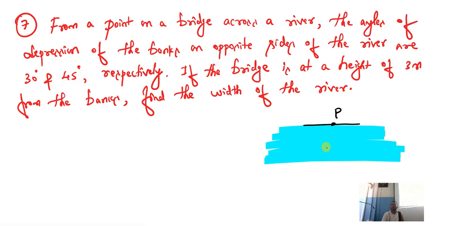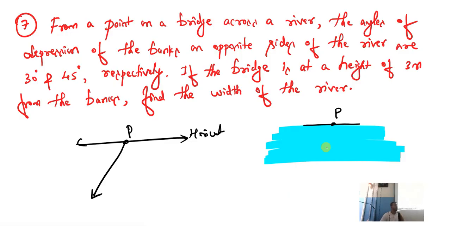From a point on a bridge across a river, the angle of depression. What is happening? Now this is a point, which means this complete line is horizontal. Shall we take this line as horizontal? Now angle of depression is what? The angle is coming down from point P. From a point on a bridge across a river, the angle of depression of the banks on opposite sides of the river.